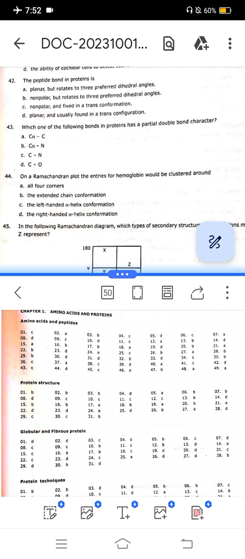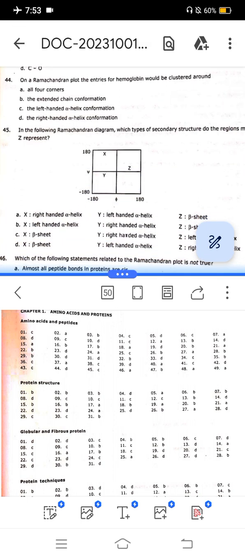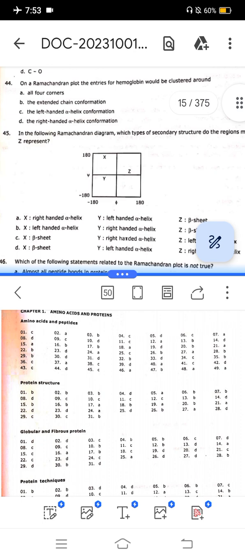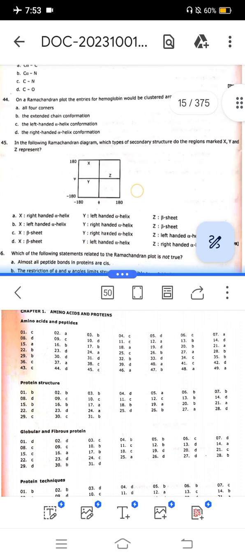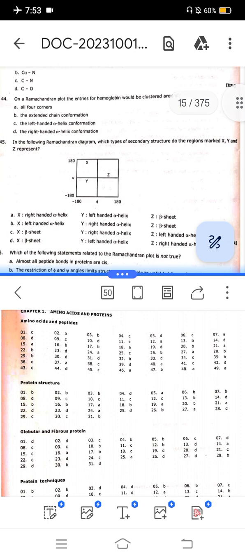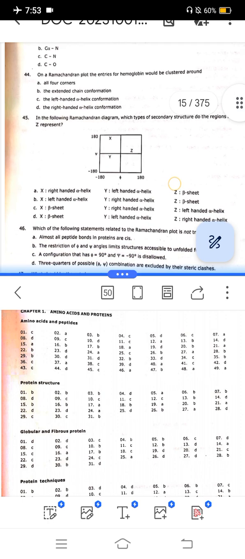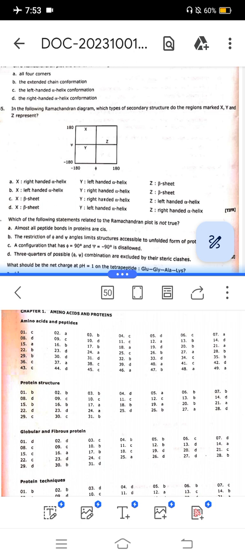And on a Ramachandran plot, the entries of hemoglobin would be clustered around 44D, the right-handed alpha helix conformation. In the following Ramachandran diagram, which type of secondary structure do the regions marked X, Y and Z represent? The correct answer is actually 45C.